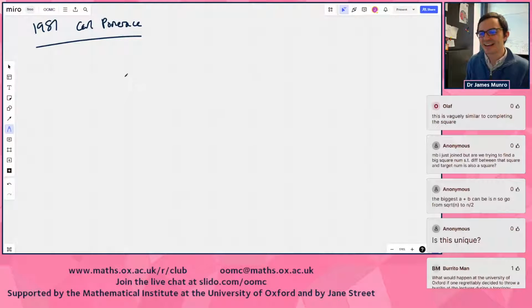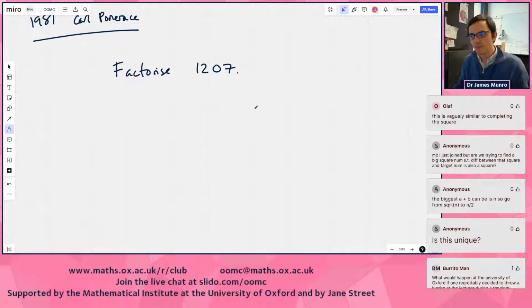Hooray! Okay, I'd like to factorise 1207, which is a number that is between, and I had to do this slowly, 34 squared and 35 squared.